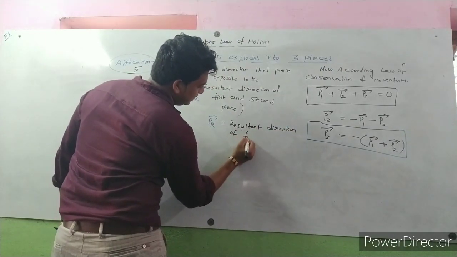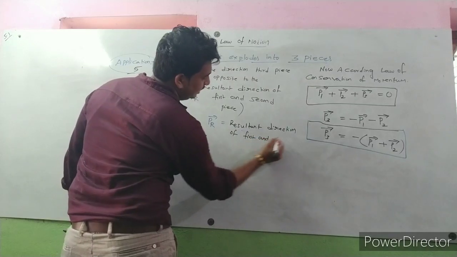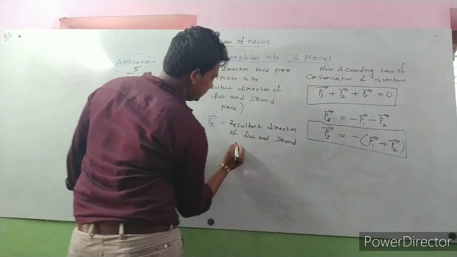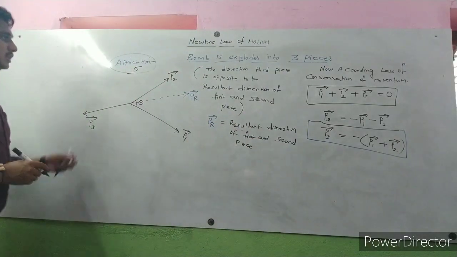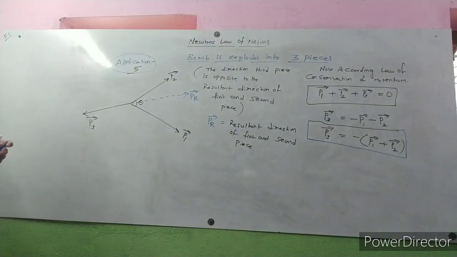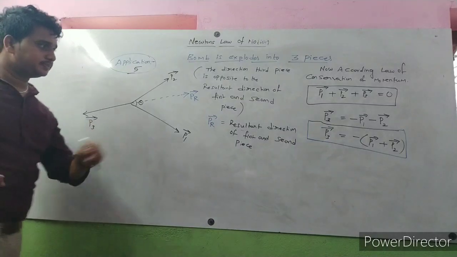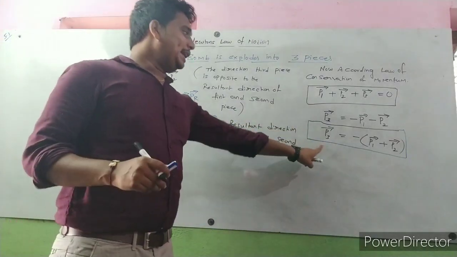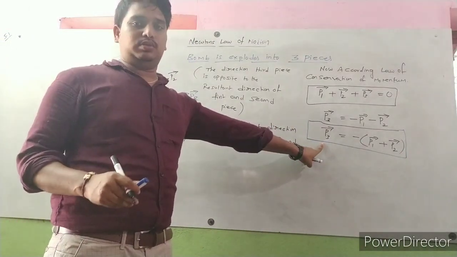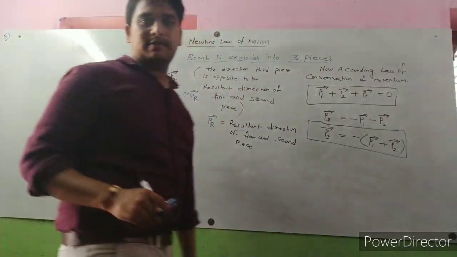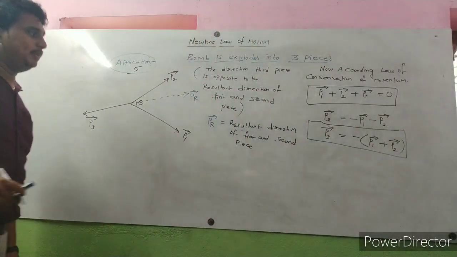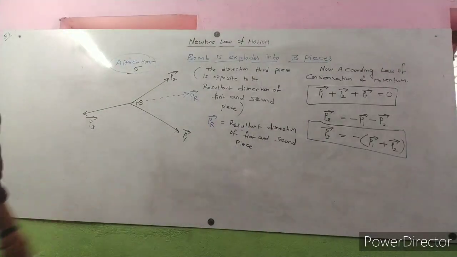Observe carefully: the magnitude of the third piece is equal to the sum of the magnitudes of the first and second piece, but in the opposite direction.